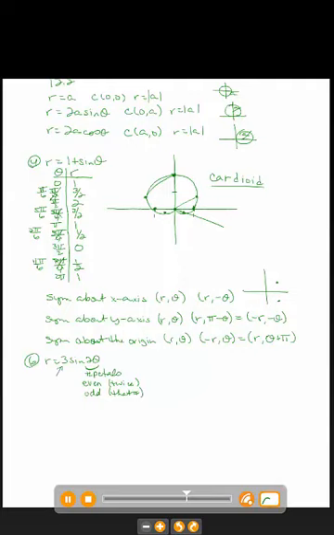Okay, the number in front tells you how long the leaf, the petal, is. Petal length. So the book does it a little bit different than I do, but it's still going to come out the same graph. I'm still going to plot by hand r and theta, starting at 0 and going all the way around to 2 pi. The question is, where should I do each of these?